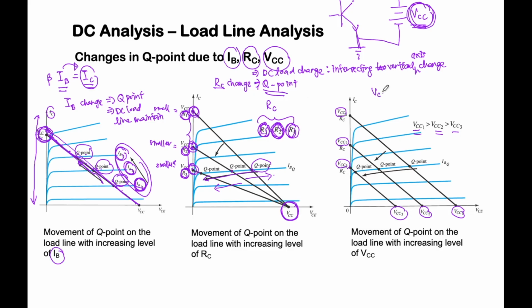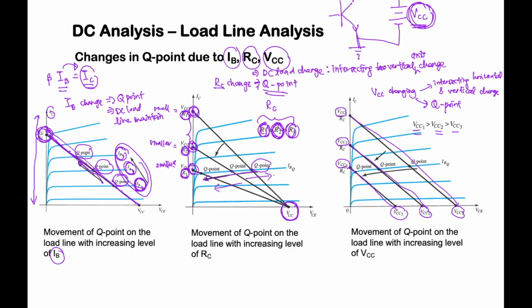So the horizontal and vertical intersecting will change, and due to that, our Q point also will change. So you're going to have a new DC load line.